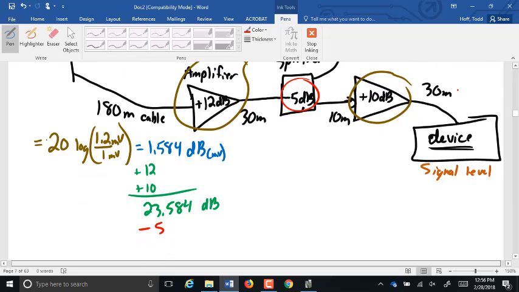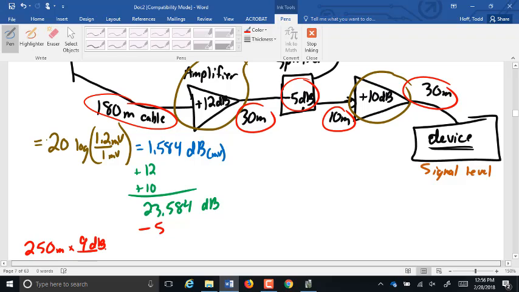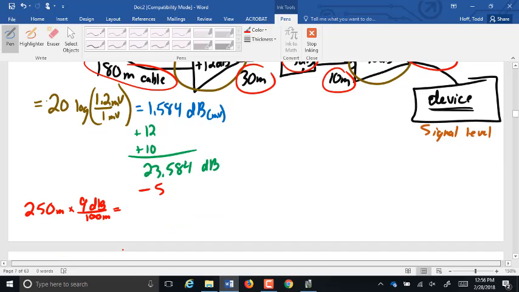So how many meters do we have there? 180 plus 30 plus 10 plus 30 is 250 meters, times 9 dB per 100 meters gives us minus 22.5. Is that correct? Everybody see how I did that calculation?